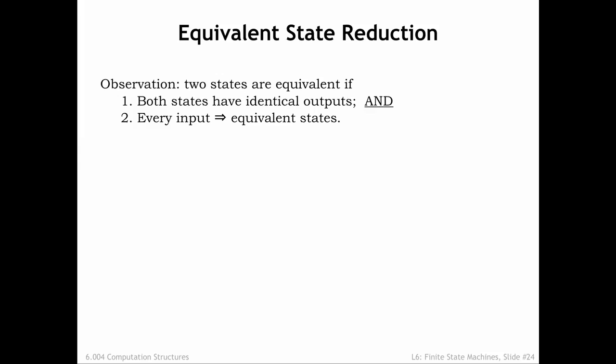First, the states must have identical outputs. This makes sense. The outputs are visible to the outside, so if their values differed between the 2 states, that difference would clearly be externally distinguishable. Second, for each combination of input values, the 2 states transition to equivalent states.